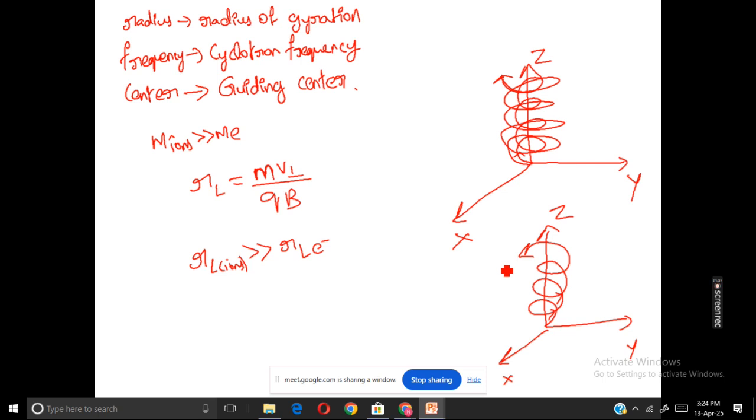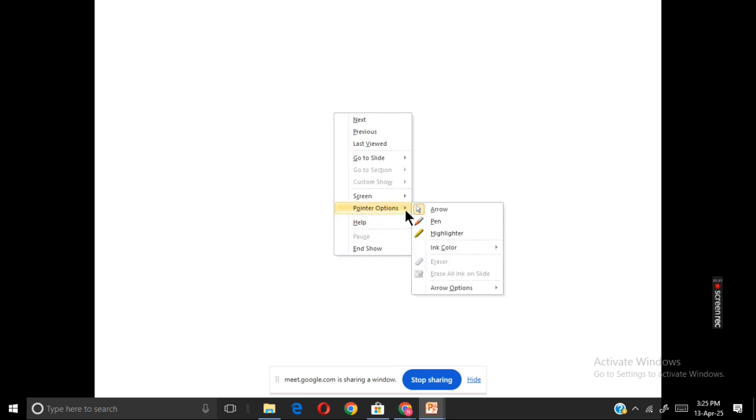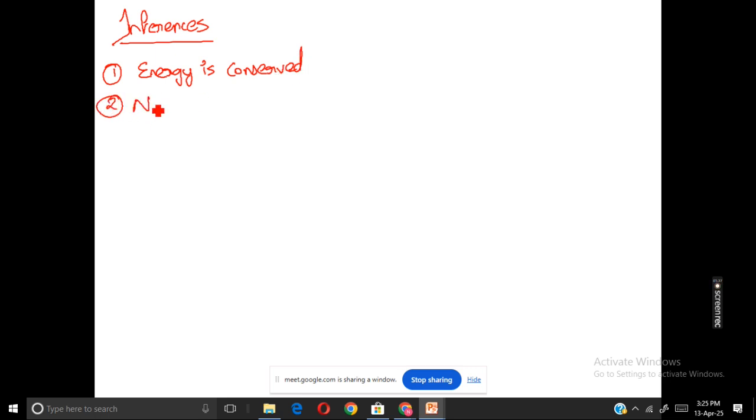So in this case, the major conclusions are: we are considering the particle motion in a uniform magnetic field. If the particle is experiencing a homogeneous static magnetic field, then energy is conserved. No work is done.